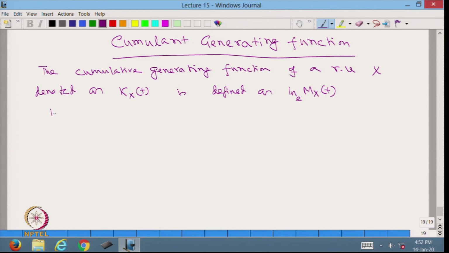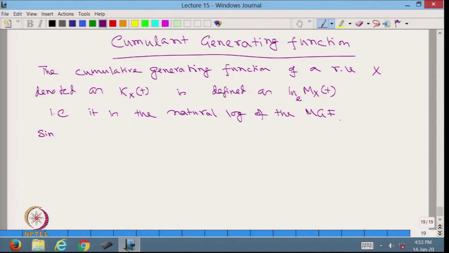That is, it is the natural log of the moment generating function.